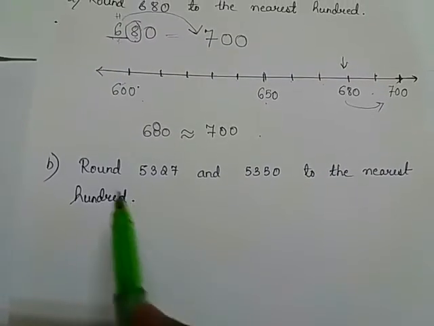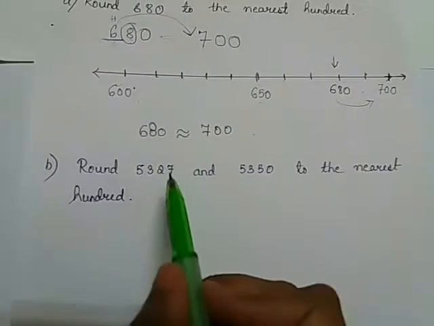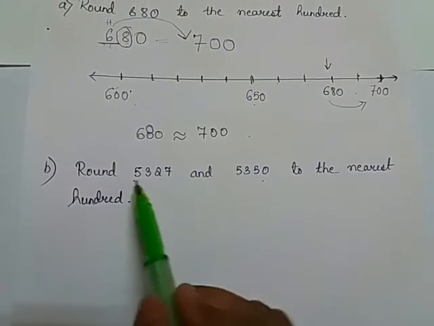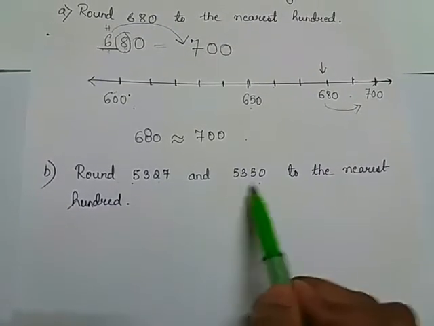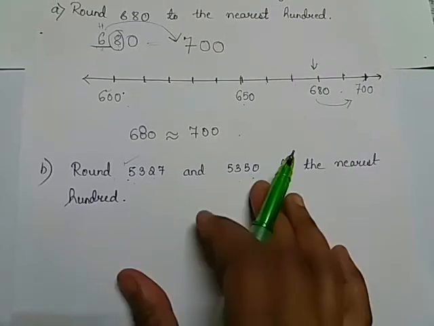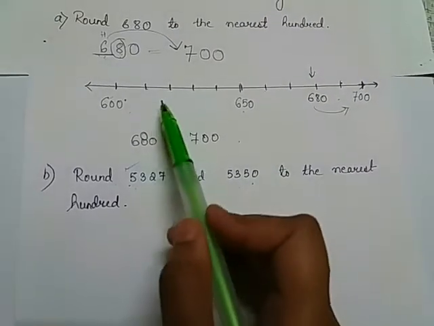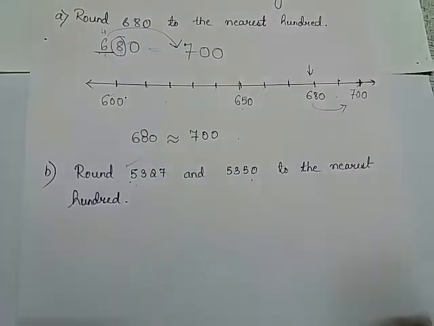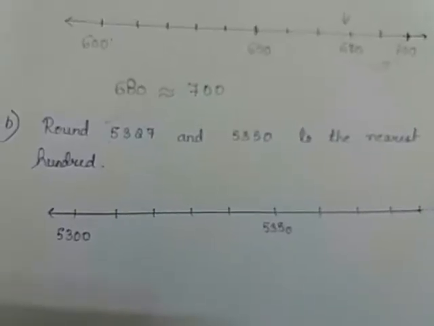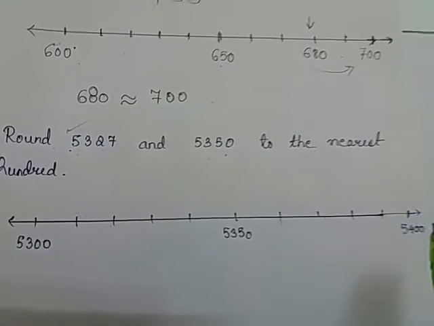Now let's take another example. Here we have been provided with a 4-digit number and we have to round each one of them to the nearest 100. Let's begin with this one. Again we will do this with our number line. So first of all we have to draw a number line. So here is our number line.